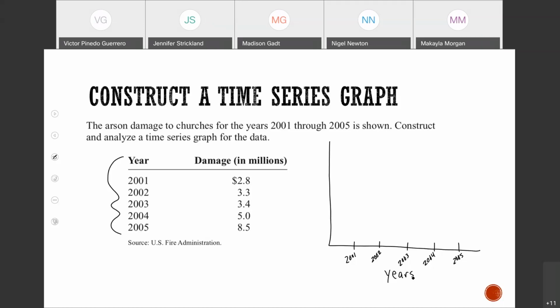Instead of worrying about getting into the decimals, I'm probably just going to count by ones and go all the way up to 9. All right, and then I'm going to put damage. I'm going to do a little bit better than just damage. I'm going to say arson damage.